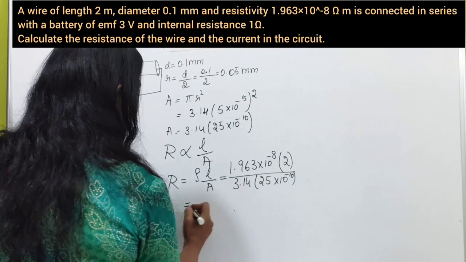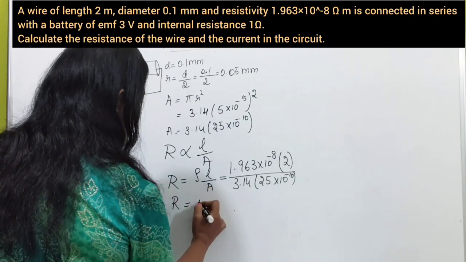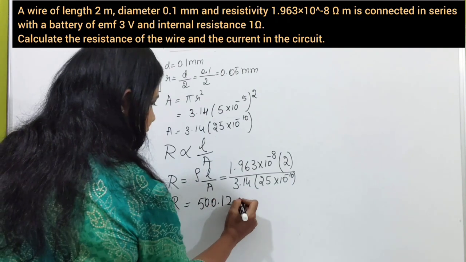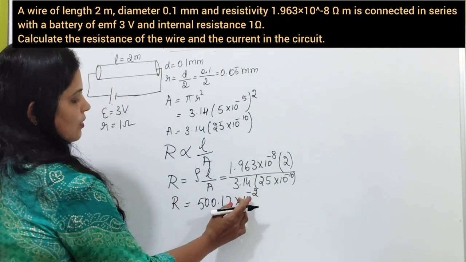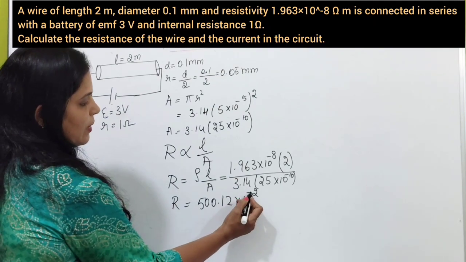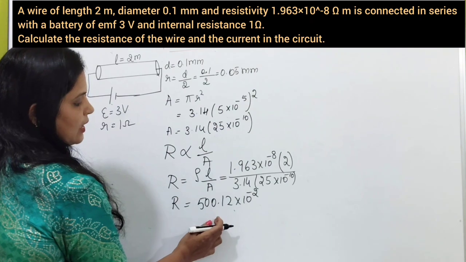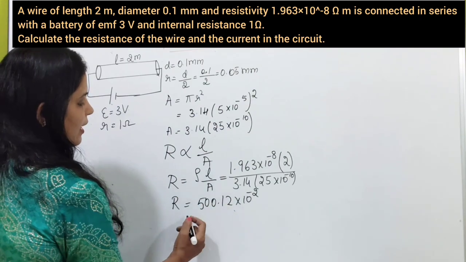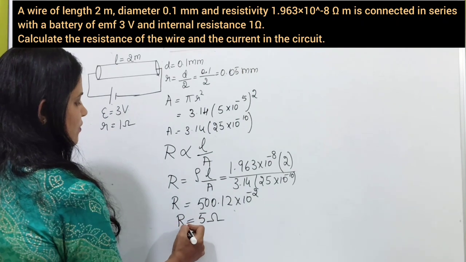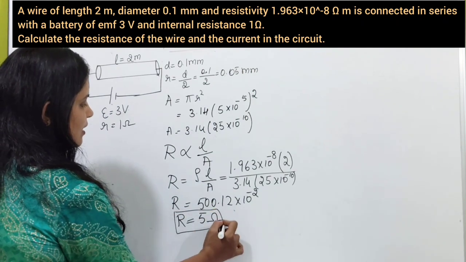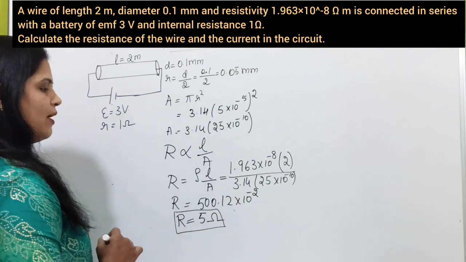If you calculate this number, you will come to know that it is 500.12 × 10 to the power minus 2. 10 to the power minus 2, when it comes to the numerator, is 100. 500 by 100 is nearly equal to 5 ohm. If you write this much, it is enough, no need of writing any decimal numbers. 5.0012 is nearly equal to 5 ohm.